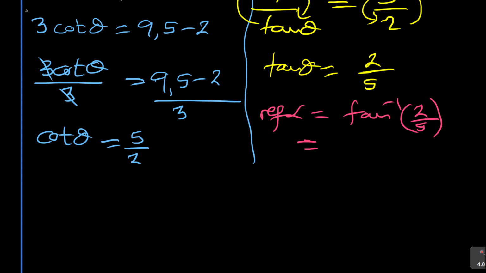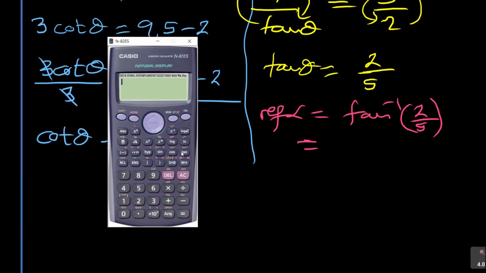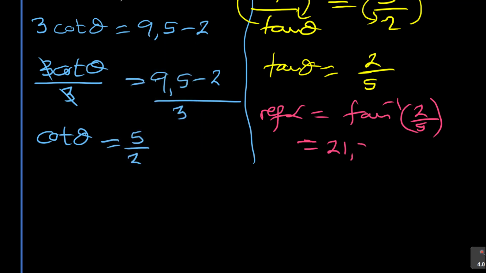Remember, there will be 2 answers, one in the first quadrant and one in the second quadrant. It's the same with your cos, it's the same with your sin. So arctan 2 over 5 is equal to 21,801 degrees. This is my reference angle and it's in the first quadrant, which is positive.